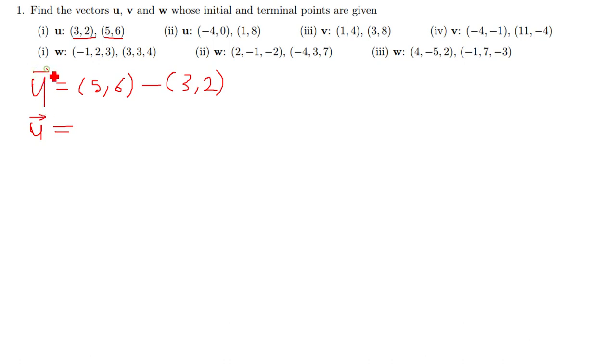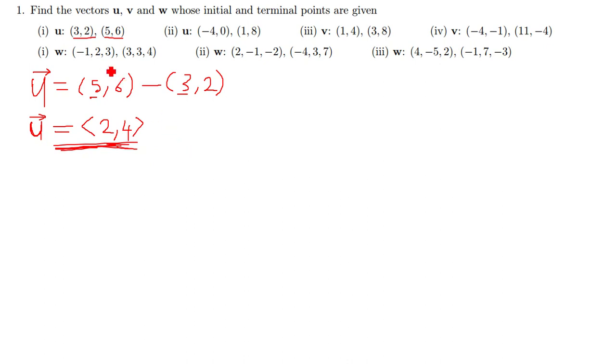Now you change the types of brackets, and you subtract the corresponding terms. 5 minus 3 gives 2, and 6 minus 2 gives 4. So u is ⟨2, 4⟩, and this is what you are going to have as your vector.